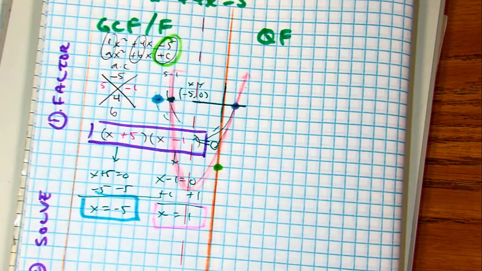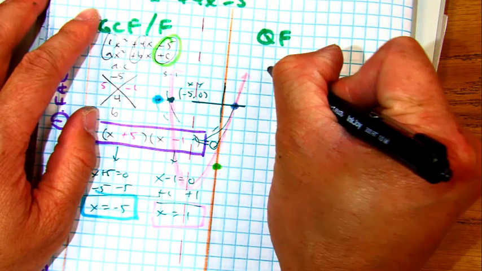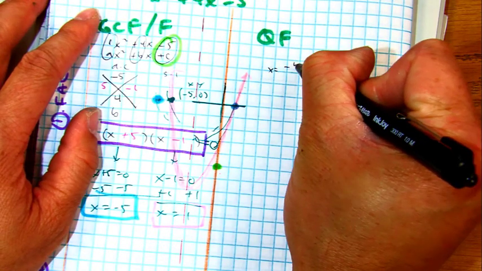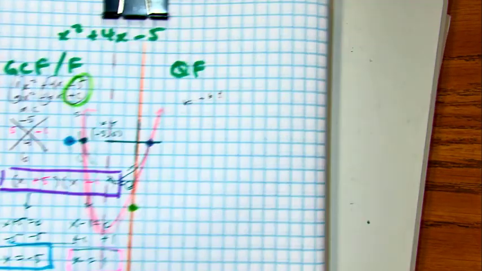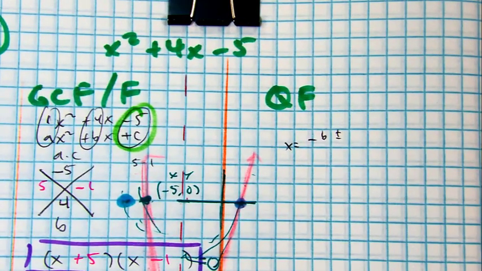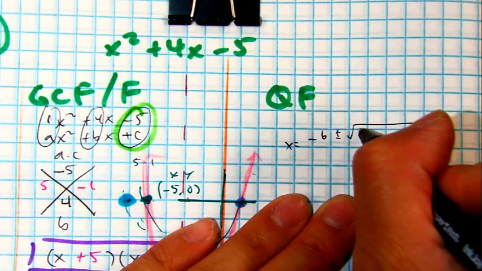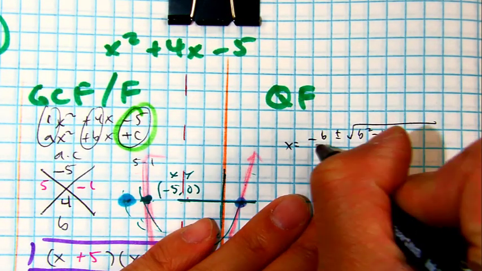Let's take a look at the quadratic formula. So the first thing I'm going to do is always write down the quadratic formula. x equals negative b plus or minus the square root of b squared minus 4ac all over 2 times a.